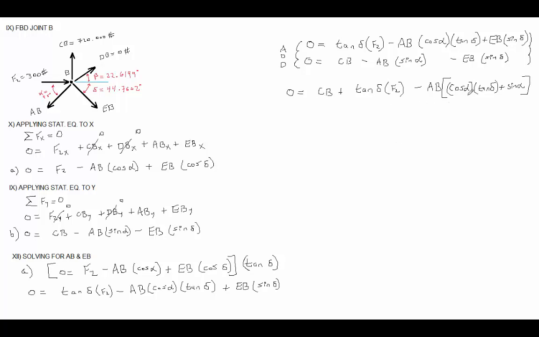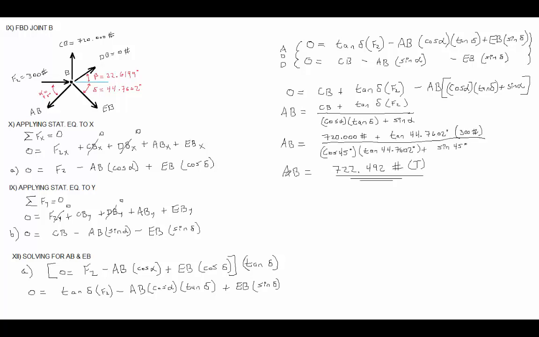Solving this equation here for AB is going to give us this. And now we can plug the numbers in. And we'll find that AB is 722.492 pounds in tension.